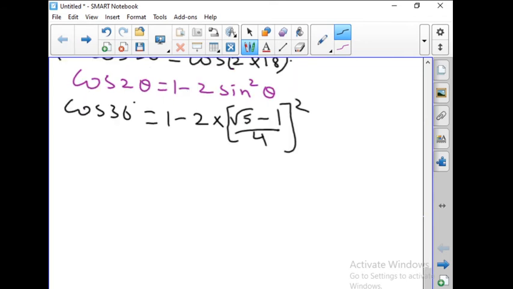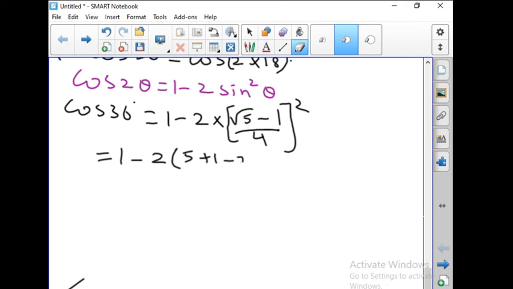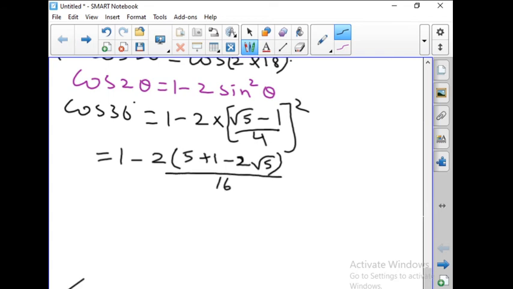So we have to simplify this now. So it is equal to 1 minus 2 into 5 plus 1 minus 2 root 5 by 16.